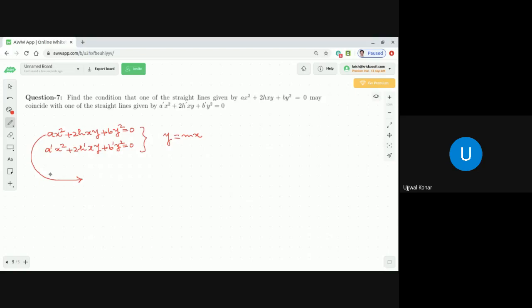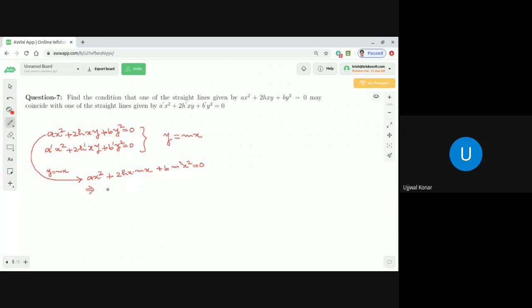So y equal to mx. We are going to get ax square plus 2 into h into x into y, which is mx, plus b into m square x square is equal to 0.